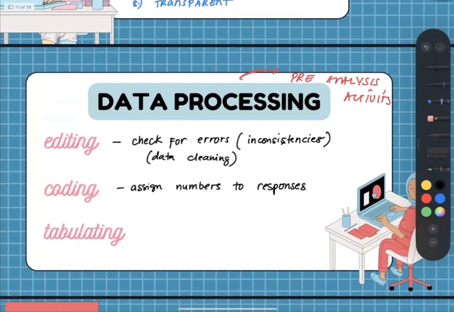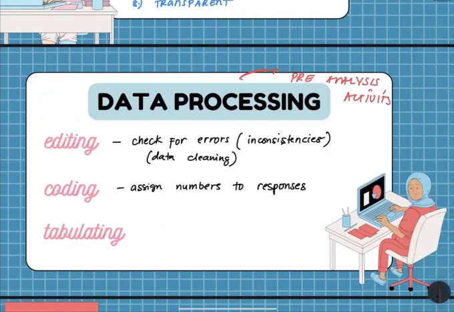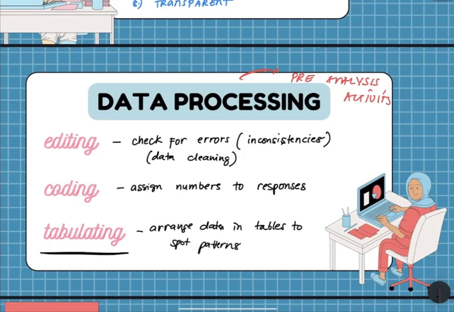And finally, we do your tabulation. So what do we do in tabulating? You arrange the data in tables so that you can spot patterns. Well, in a way, your tabulation is more like seeing your data summarized, but in its raw form.